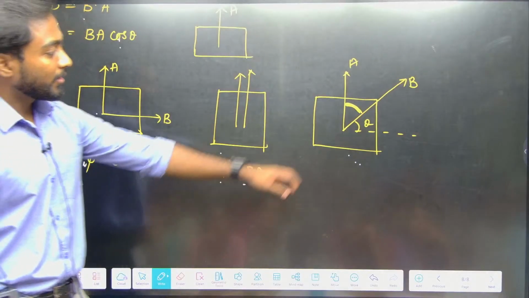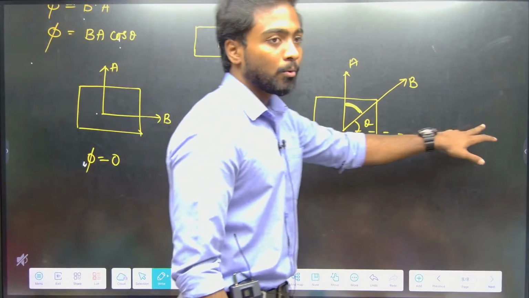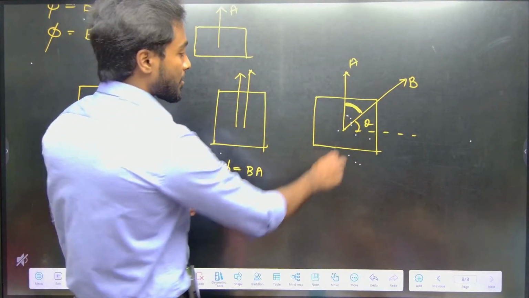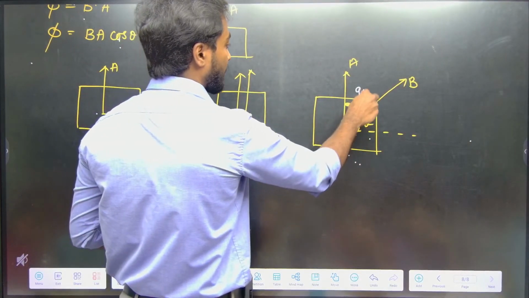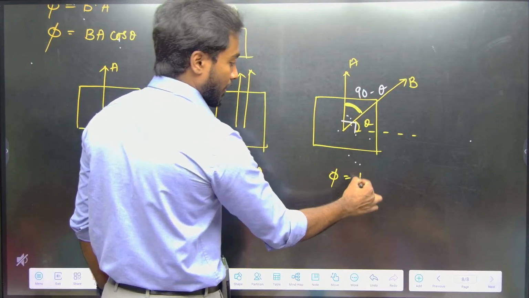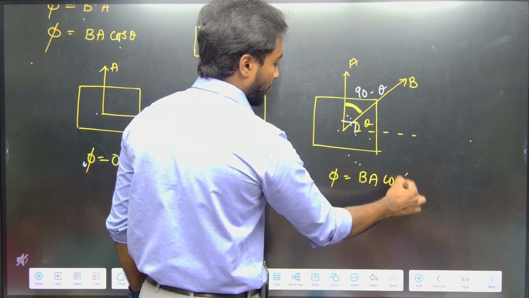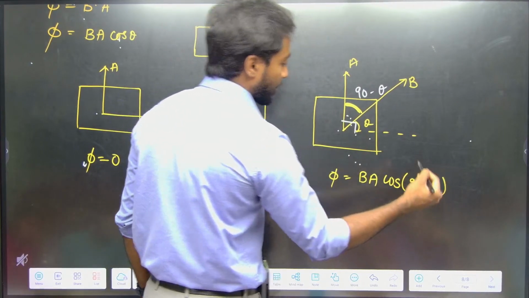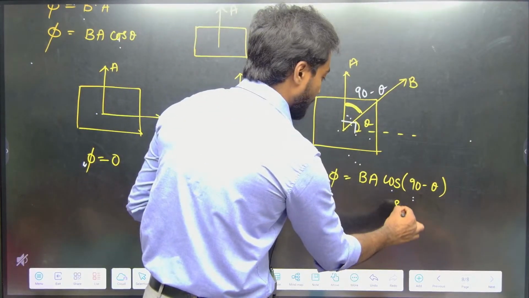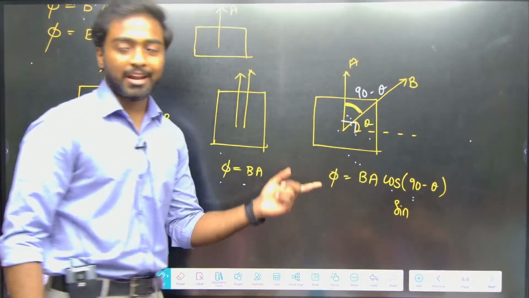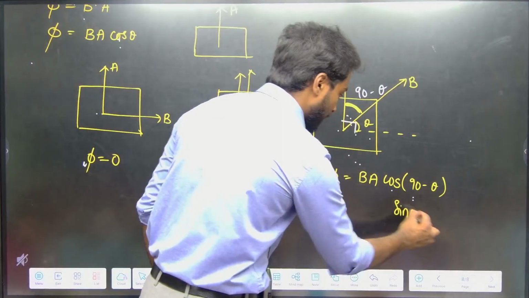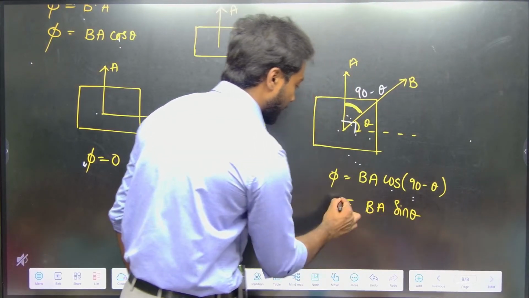They have given the angle with respect to horizontal, that is theta, but we need the angle between these two things. The total angle is 90, so this is 90 minus theta. So phi will be equal to B A cos of 90 minus theta. Cos of 90 minus theta becomes sine, and in the first quadrant everything is positive, so B A sin theta.